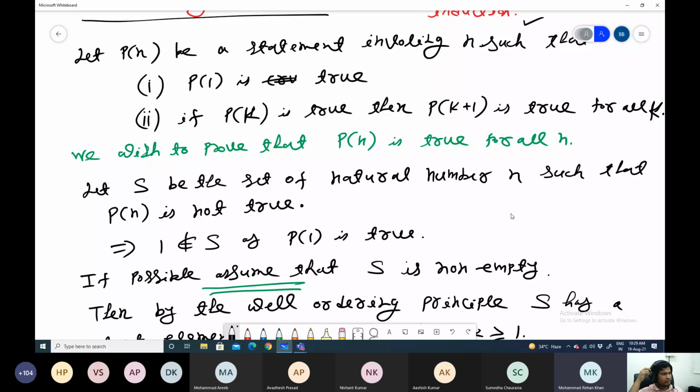So here we are assuming that if P of k is true, then P of k plus 1 is also true. But in normal cases where we solve the question of mathematical induction, we suppose P of k is true, then we prove that P of k plus 1 is also true, and here we are assuming that P of k plus 1 is true.